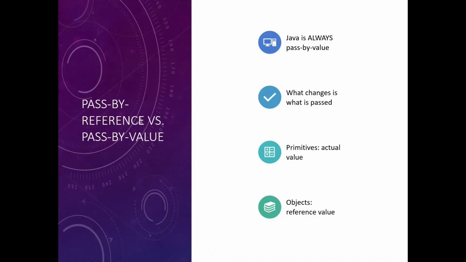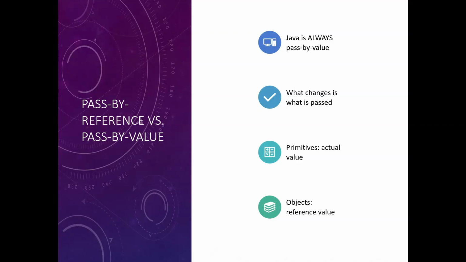So if it's a primitive, you're taking the copy of the primitive value, passing it into the method. If it's an object, you're taking the object reference and passing it into the method. That's where pass by reference and pass by value come from.